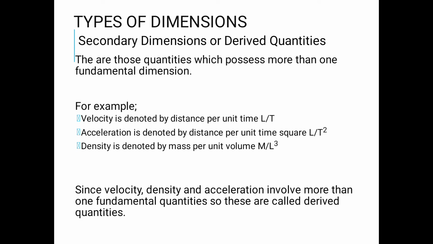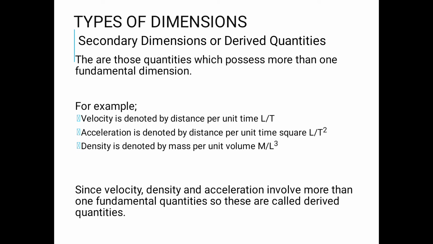Secondary dimensions or derived quantities are those quantities which possess more than one fundamental dimension. For example, velocity is denoted by distance per unit time, that is L by T. Acceleration is denoted by distance per unit time square, that is L by T square.